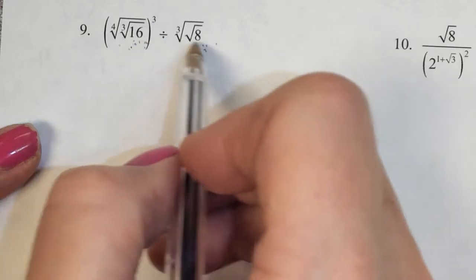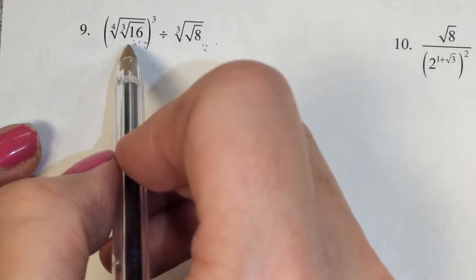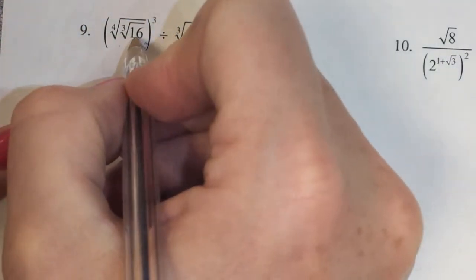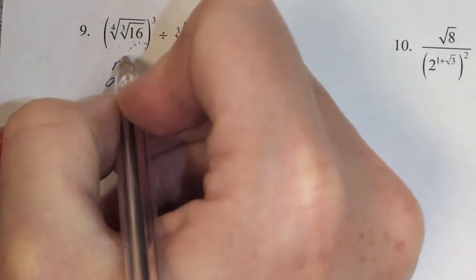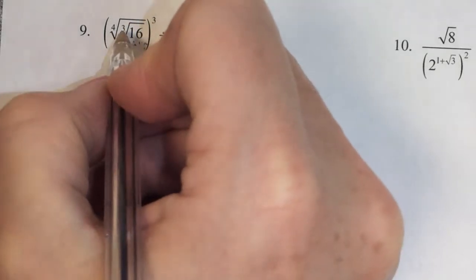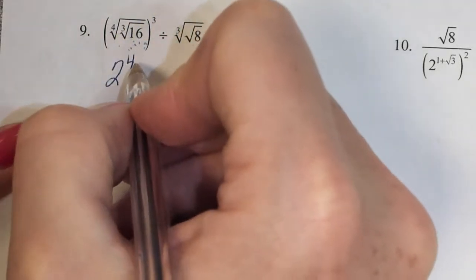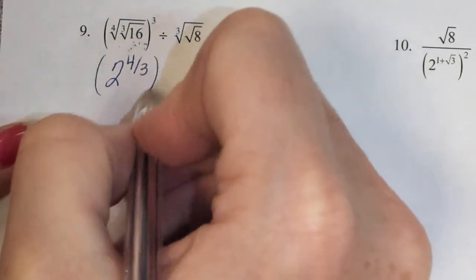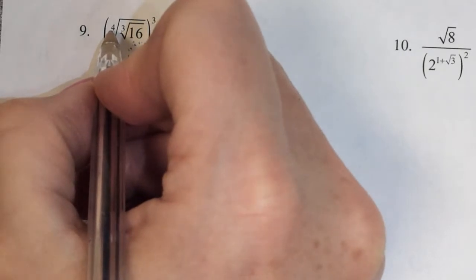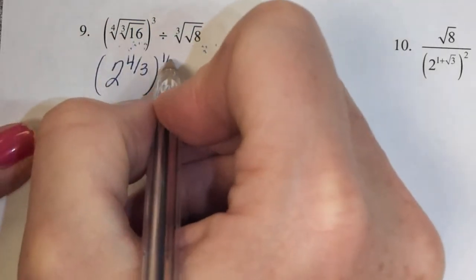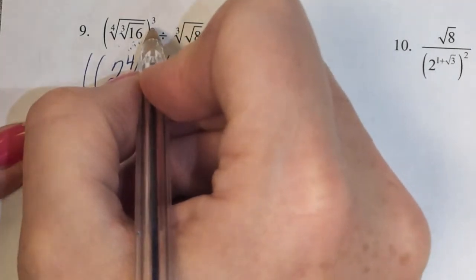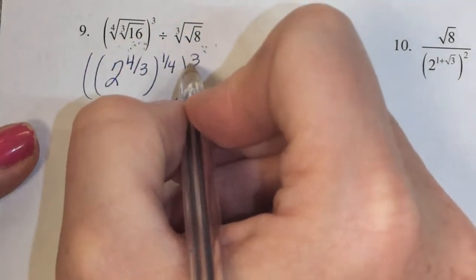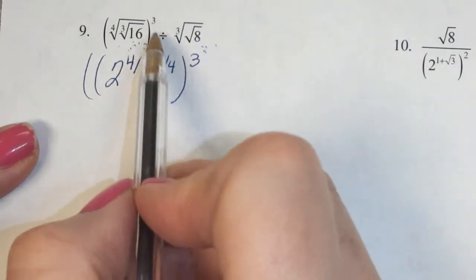No, so what's the base that I could get that would be the same? 2. Okay, so let's work from the inside out. What is this then? 2 to the what? 4th. But what root are we taking? 3rd root. What other root are we taking? So to the 1/4. Then what are we doing? No. Cubing. Sorry. We're cubing first.